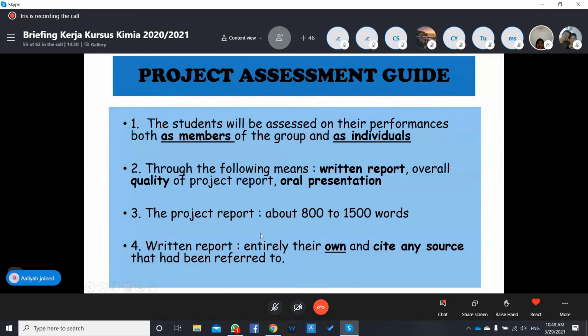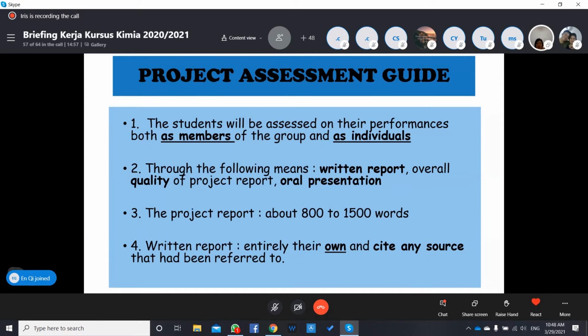Don't copy and paste. Let's say you have information in one paragraph. Maybe you read, then you make some summary, you extract the important information and put it in statements, your own statements. Because later on in the university, they have software to detect whether you copy and paste or not.